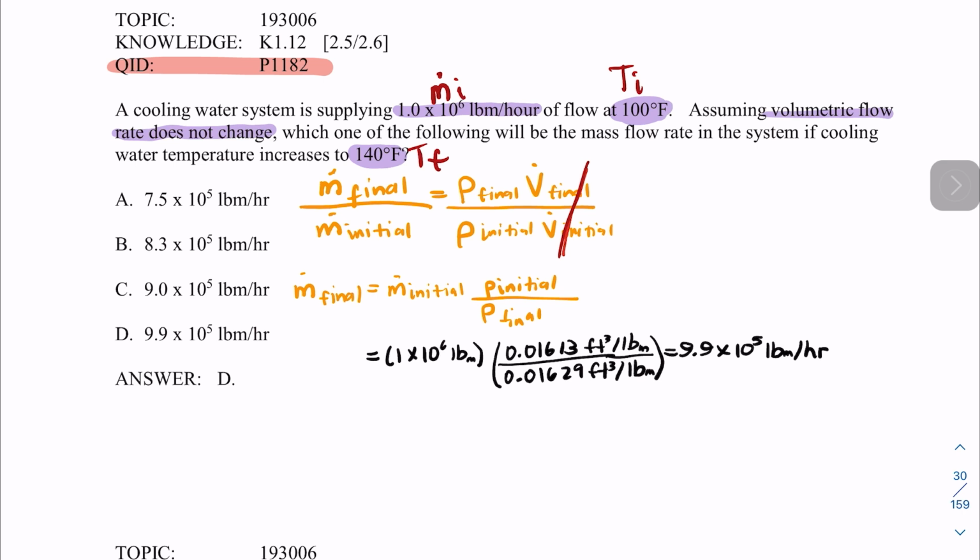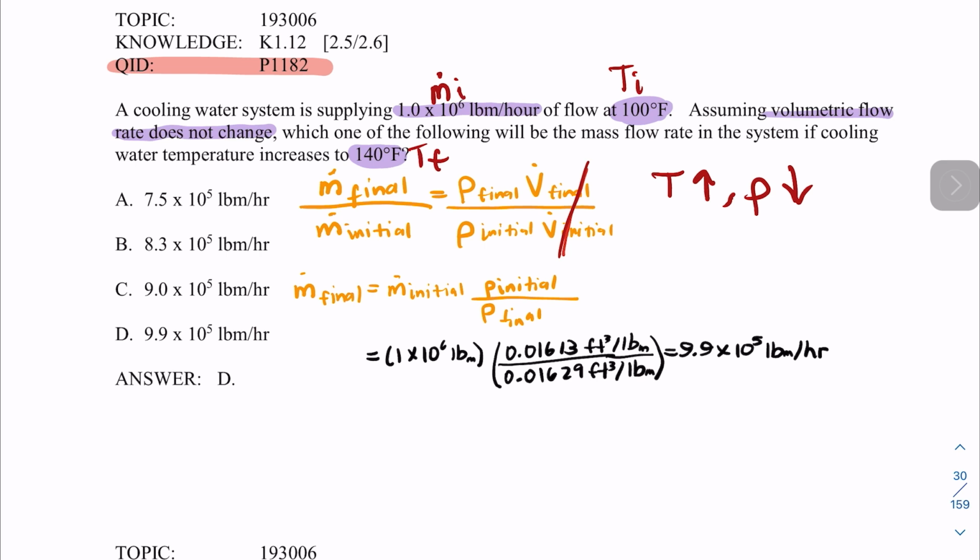So we just stay with this information that we need. But we are being asked for density, right? An increase in the water temperature is going to give us a reduction in the density. So if we increase the temperature, the density gets lower, right?